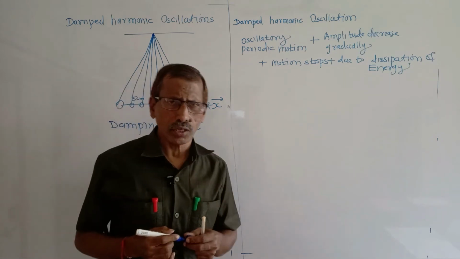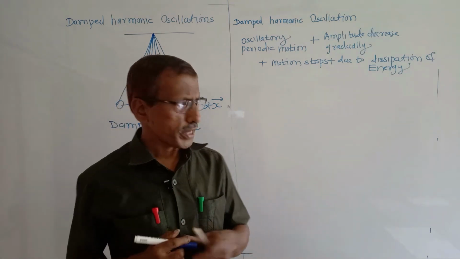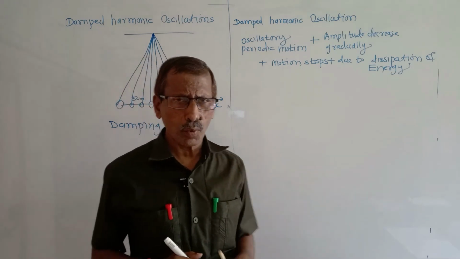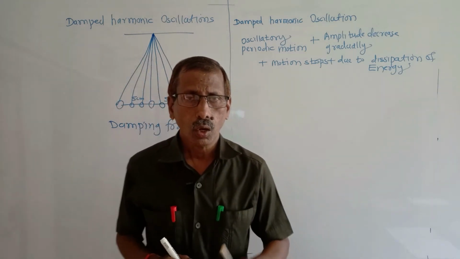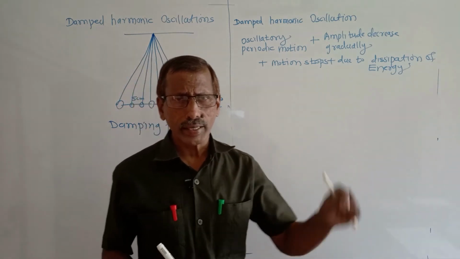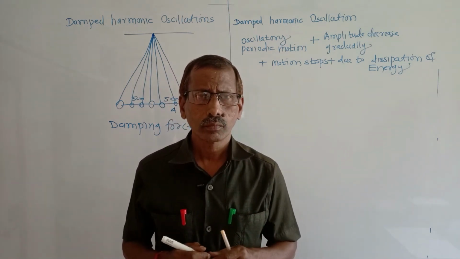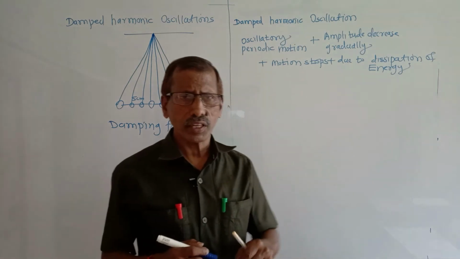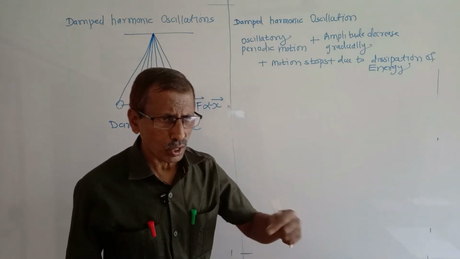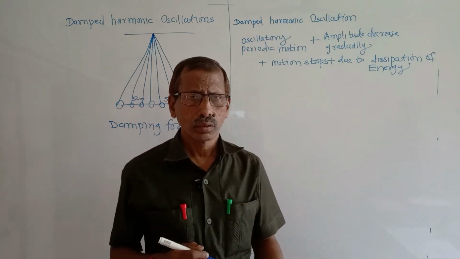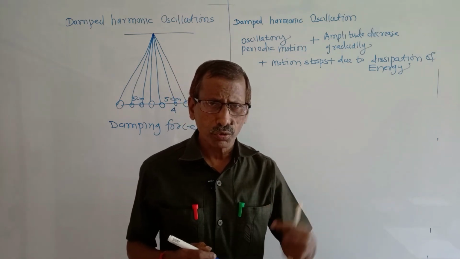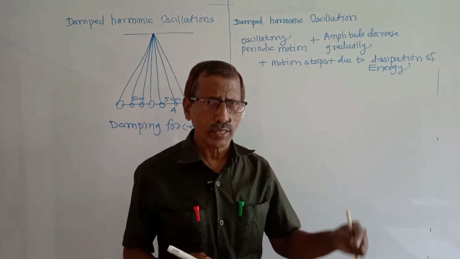So when we consider free harmonic oscillation, the amplitude of oscillation remains constant, and only the restoring force is acting on the body. But when the amplitude of oscillation goes on decreasing, we come to the conclusion that there is an additional force acting on the body.